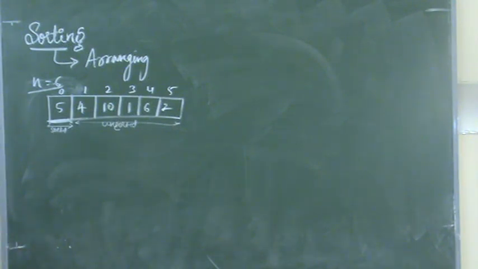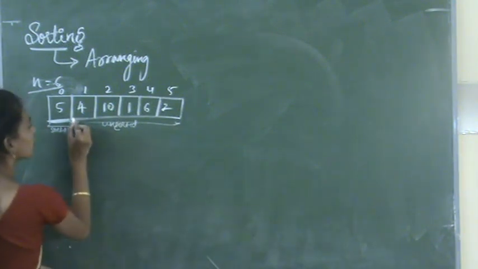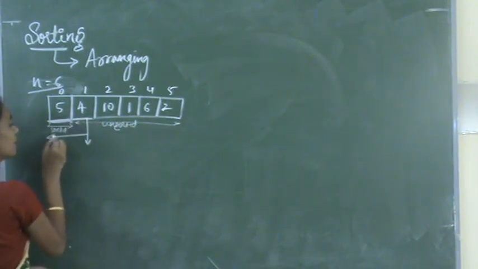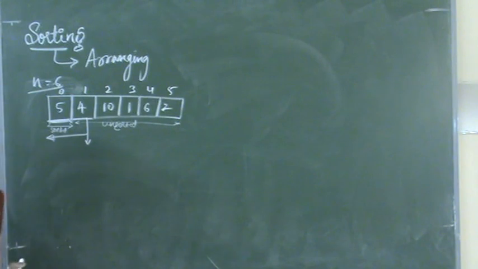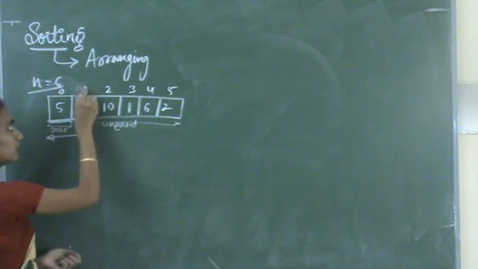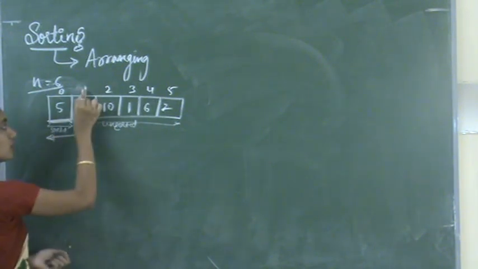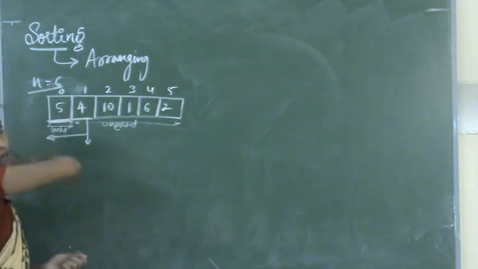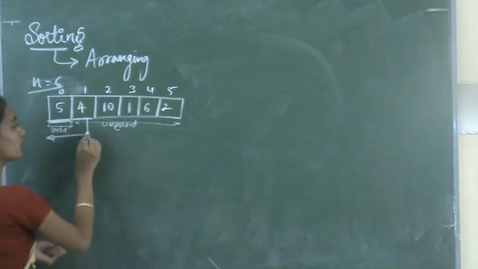Now the first element in the unsorted array is compared with the previous elements, at the back.